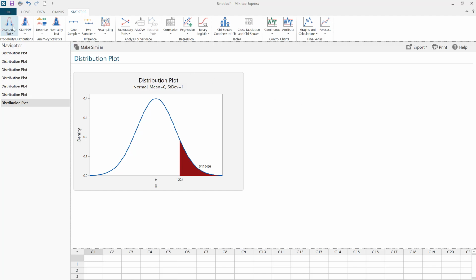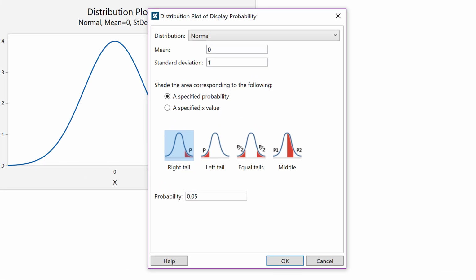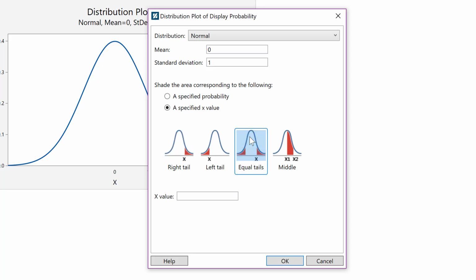I'll construct another probability distribution plot to display a probability. We have a standardized test statistic, so we are working on a z-distribution. Our test statistic is a specified x value. This is a two-tailed test, so the p-value will be equally split between the left and right tails.